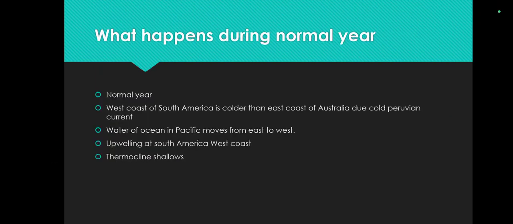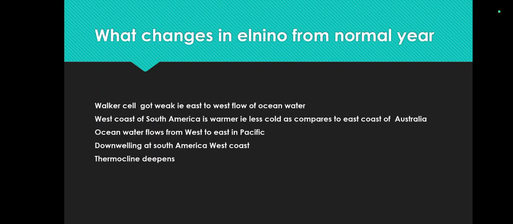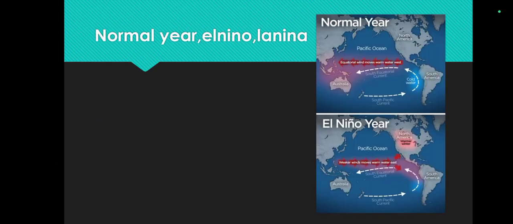Now I will explain what happens during El Nino. During El Nino, the Walker cell gets weak, that is the east to west flow of ocean water, and the west coast of South America is now warmer, that is less cold, as compared to the east coast of Australia. I will explain it here in the image.